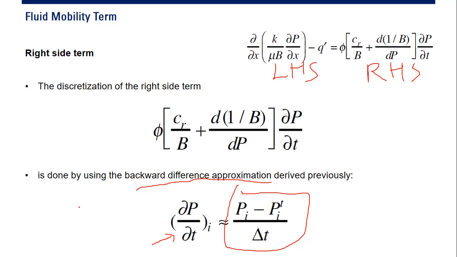So this is the partial differential equation, PDE. This one is finite difference, the left hand side, the partial differential equation. But this one is finite difference with backward approximation. So Pi at t plus delta t minus Pi at t, divided by delta t.